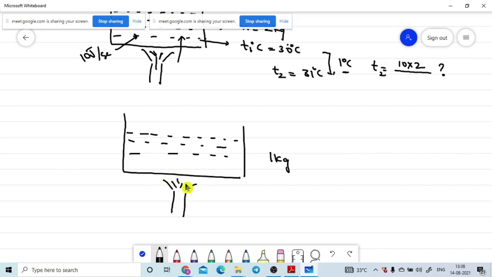So the energy given to the vessel is the same, uniform throughout all three cases. But here the initial temperature T1 is 30 degrees Celsius, and I plan to raise T2 to twice the initial temperature change. That means I need to go to 32 degrees Celsius.